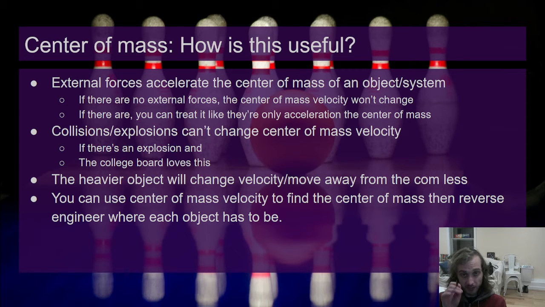Or the question will tell you that before this crazy thing happens, the center of mass velocity was 4, and then ask you what the center of mass velocity was at the end. And because it doesn't change, you don't need to do anything other than pick 4. So if it started out as 4, it's still going to be 4.